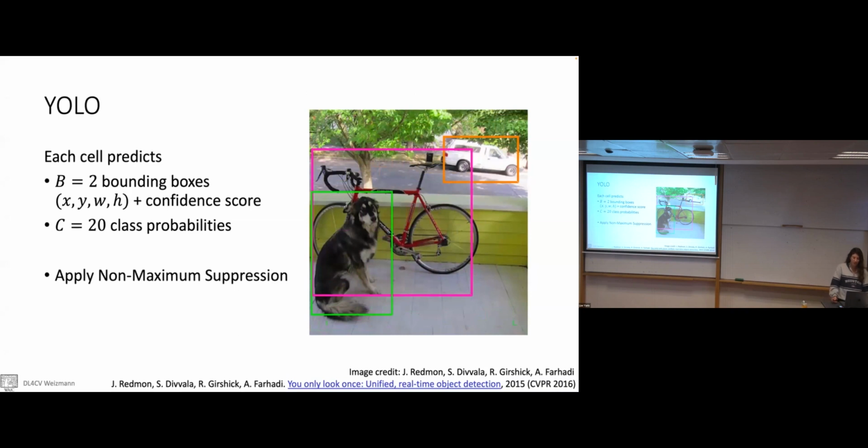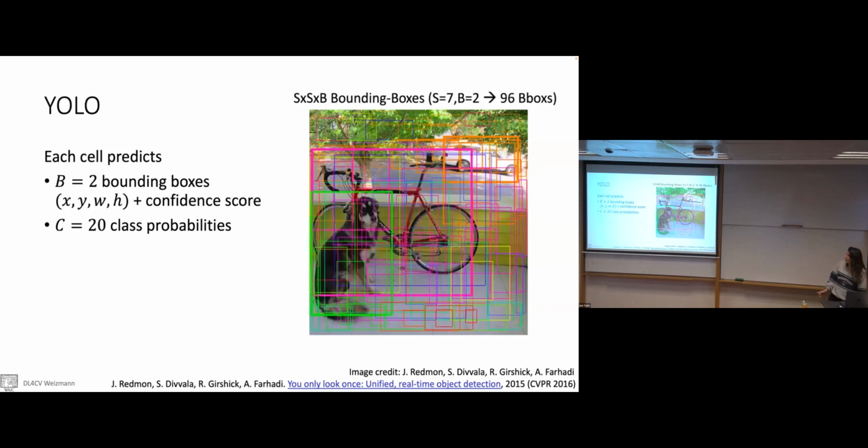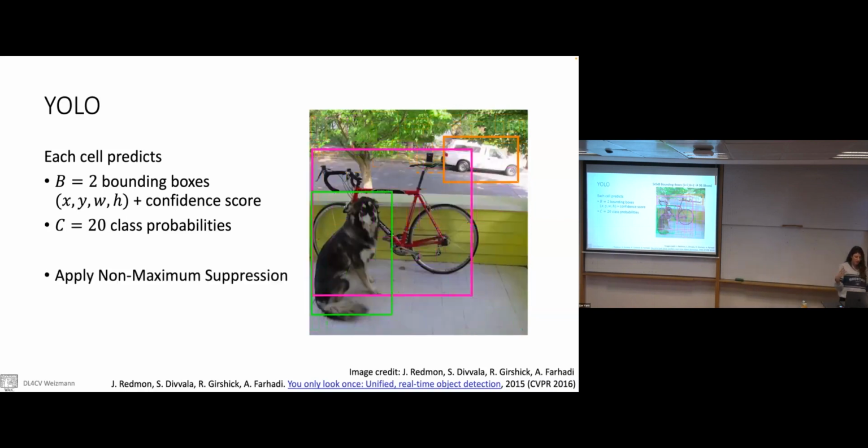We have a lot of bounding boxes, right? If we just threshold by the confidence score, maybe that is something we want, but maybe it's not extremely good. Think of it like this: if there are two dogs, how can I distinguish between a dog that is here and a dog that is here? I cannot just take only the boxes which have the high confidence.